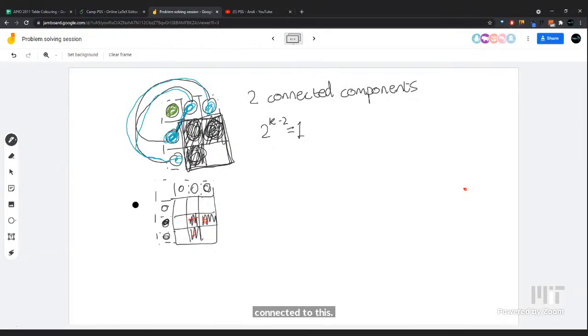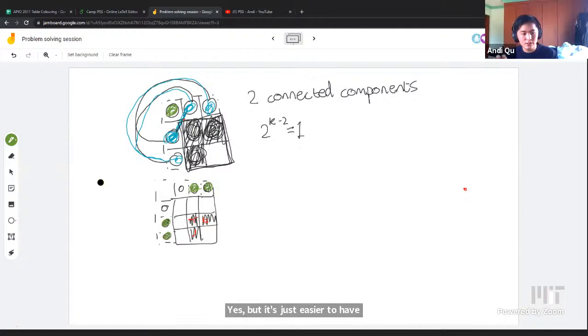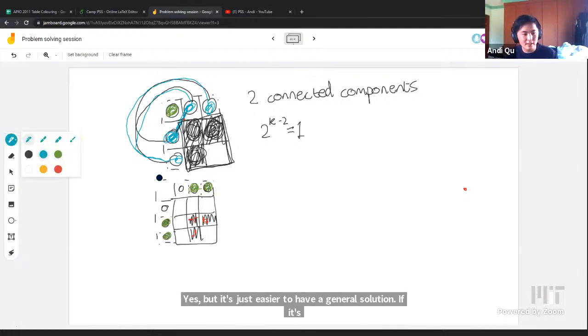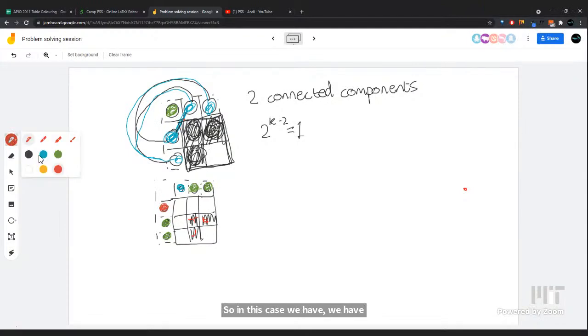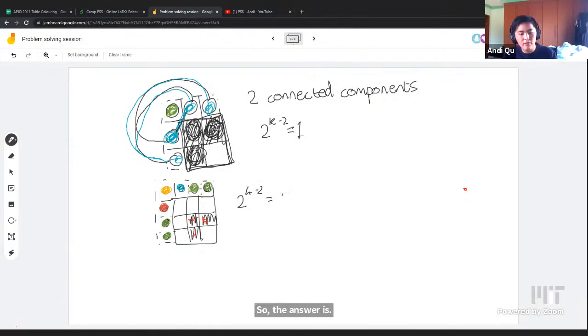Why are you adding an imaginary one? We already have a corner thing right now. Yes, but it's just easier to have a general solution with an imaginary column. So in this case, we have 4 connected components. So the answer is 2 to the 4 minus 2, which is 4.